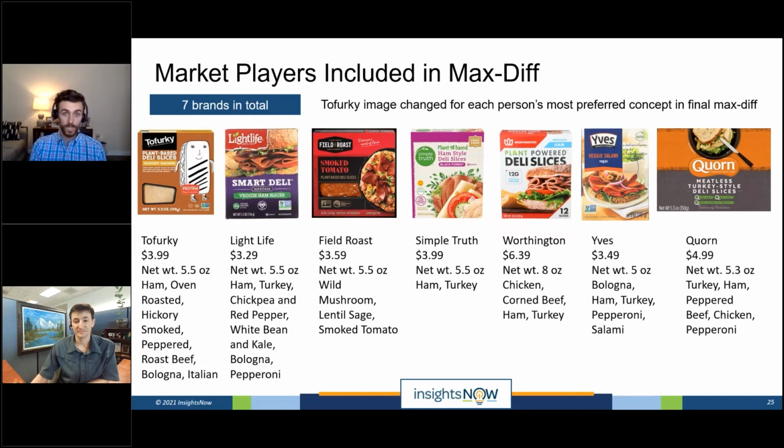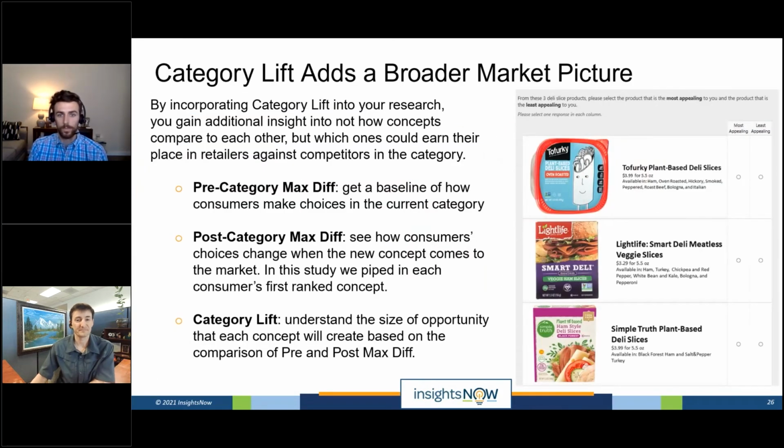So in the second max diff, the Tofurkey concept image changed depending on that consumer's first ranked concept. You know, was it the vertical bag, was it the soft tray, or was it the plastic tub, and how it was positioned against these other brands.